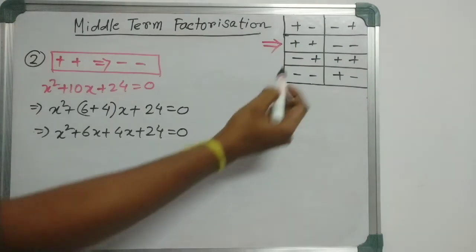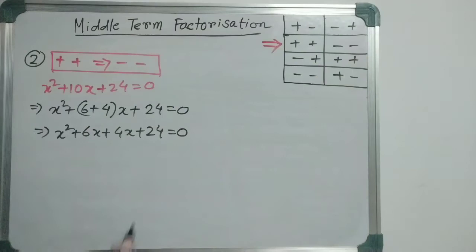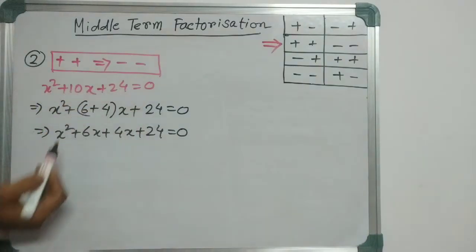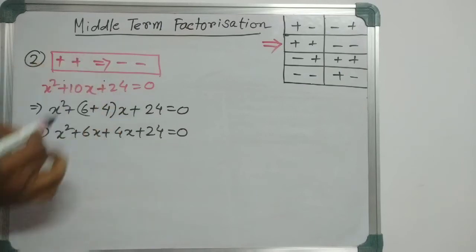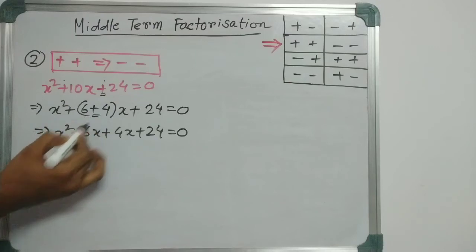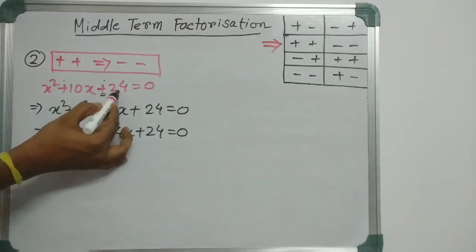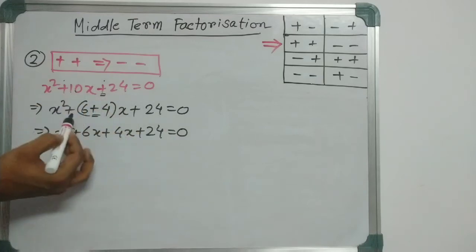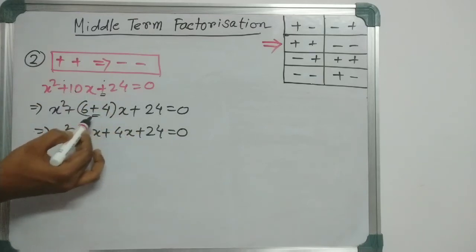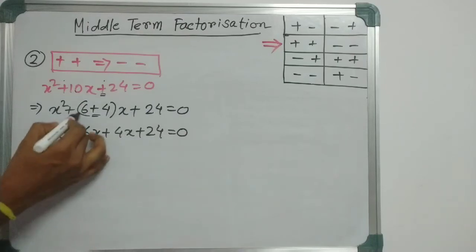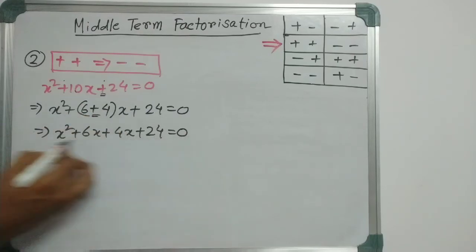Let's move to the next one. Plus plus implies minus minus. So x square plus 10x plus 24 equal to 0. So both are positive. So because this is positive, in the bracket this sign will be positive. As 24, 6 into 4 is 24 and 6 plus 4 is 10. So that is why we have chosen 6 and 4. And after opening the bracket we got this line, x square plus 6x plus 4x plus 24 equal to 0.